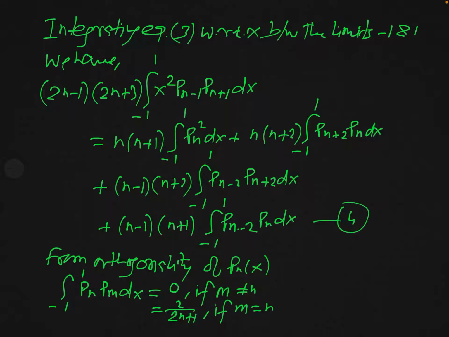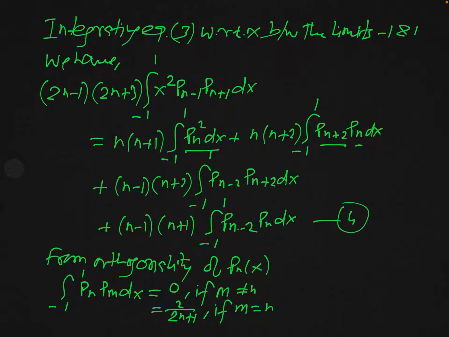So you can see here that the first integral in RHS will be non-zero, that will be evaluated by using this formula 2 over 2n plus 1, and all other integrals will vanish, because here you can see if m is n plus 2, then n is n, and so m is not equal to n in the second term.